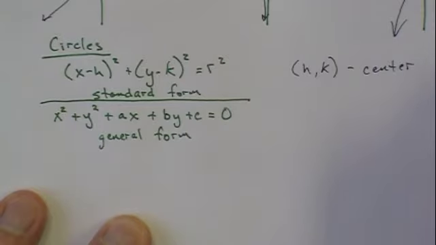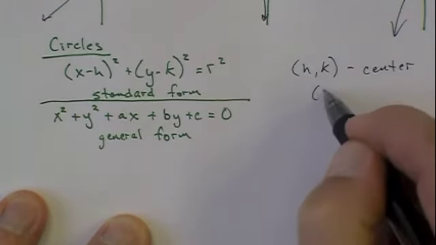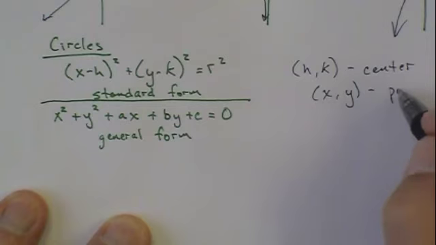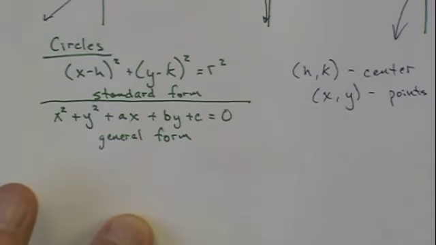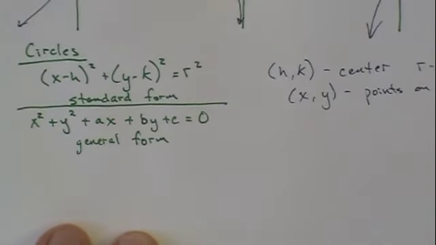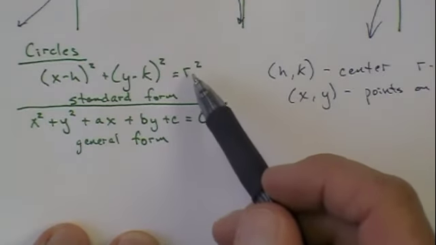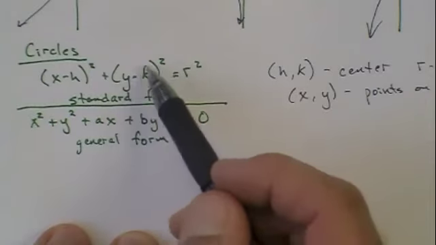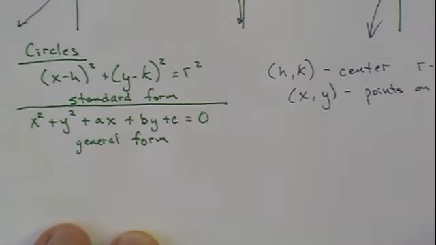R is the radius, and then the point x, y is any point on the circle. So this formula comes from the Pythagorean theorem. It comes from our distance formula, and so we're saying that the radius squared is equal to the difference in x value squared plus difference in y value squared, just like we have with distance formula.